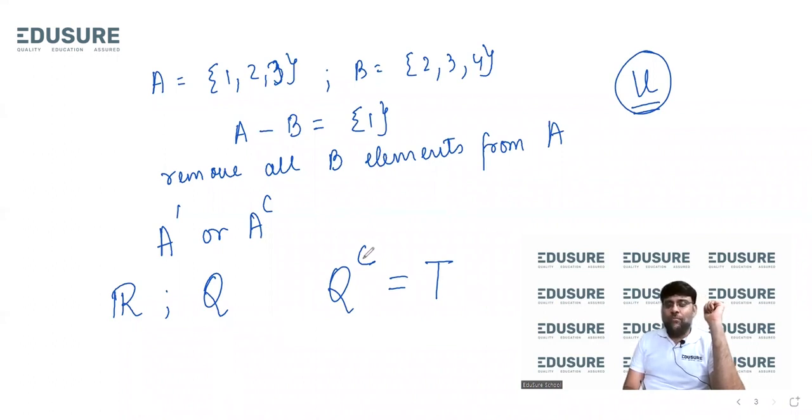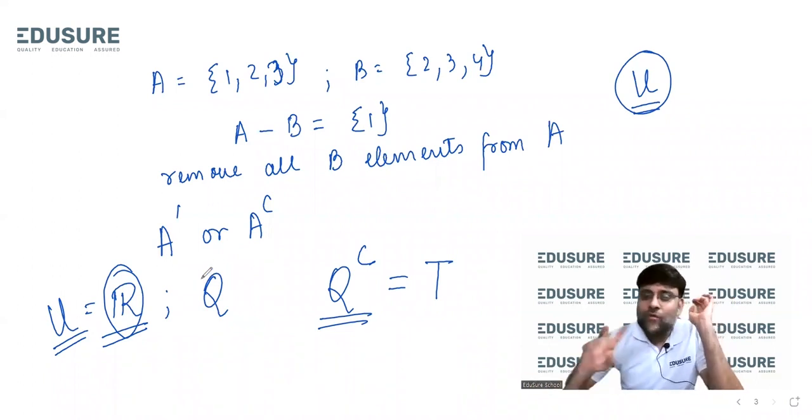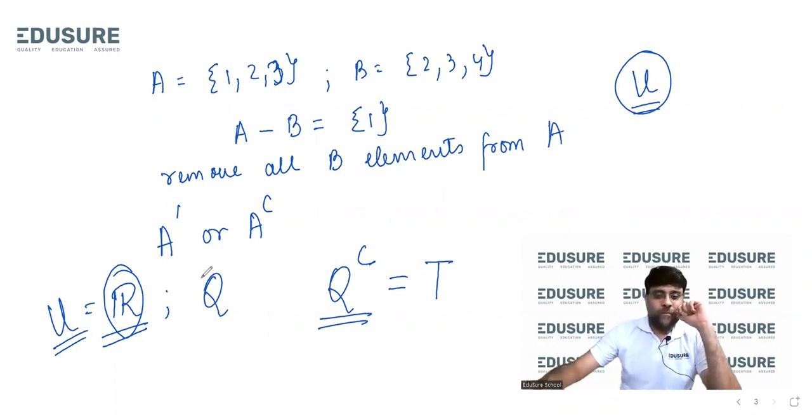Rational complement: everything in the real numbers, which I'm assuming is the universal set, that is not there in the rational numbers is Q complement. Everything in real which is not there in rational is irrational. The real numbers are of two types. Either it is a rational number or an irrational number. Nothing else is possible. So if R is the universal set, then Q complement will be the set of all irrational numbers.